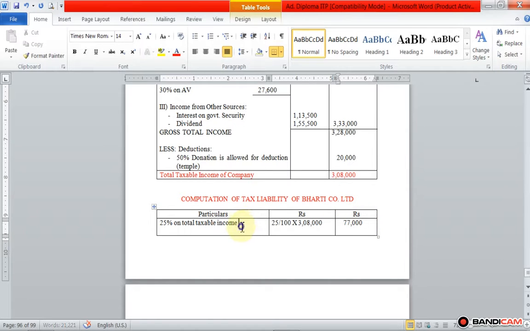So here health education cess or surcharge, add surcharge.